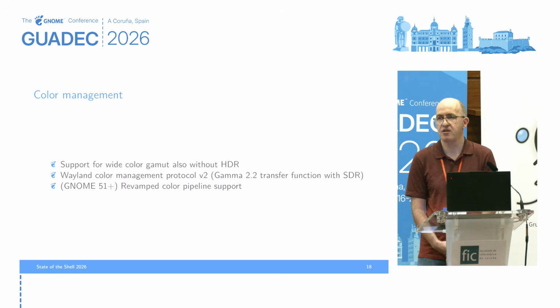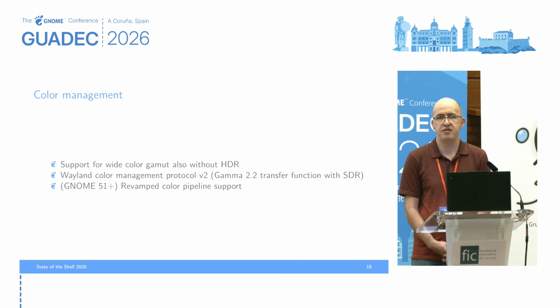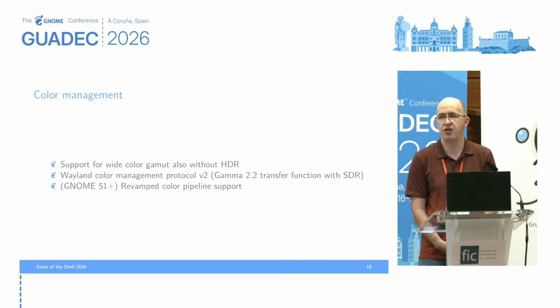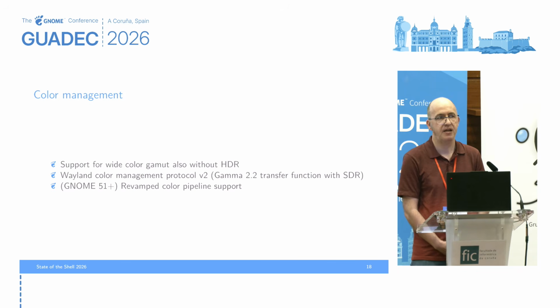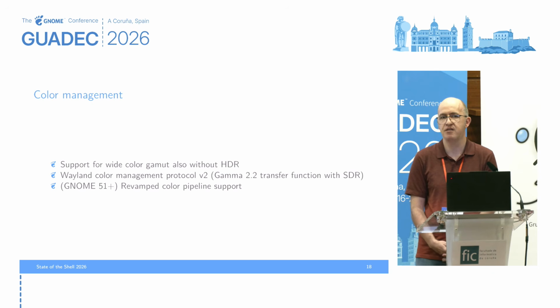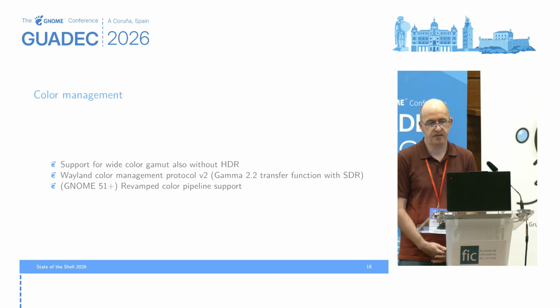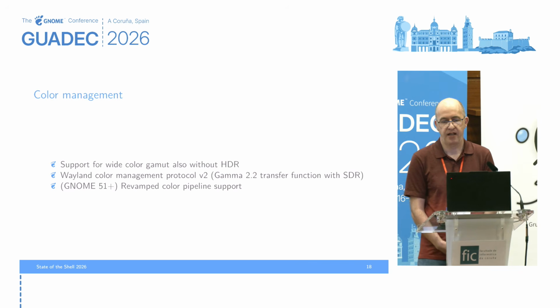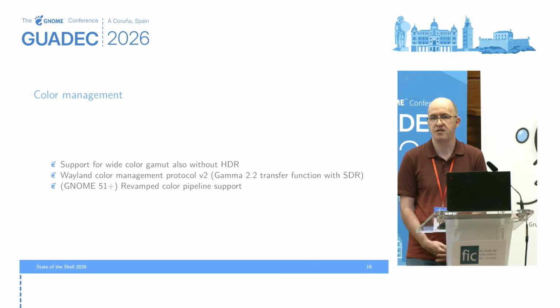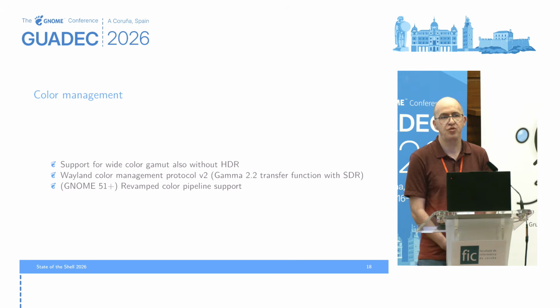Just to name a few examples, it will allow Night Light to work correctly also with HDR enabled, and it will allow adjusting the white point for each display separately. And it also will allow Mutter to offload some of the processing to special hardware support via the KMS API, which should be more efficient than using the GPU shaders for everything.